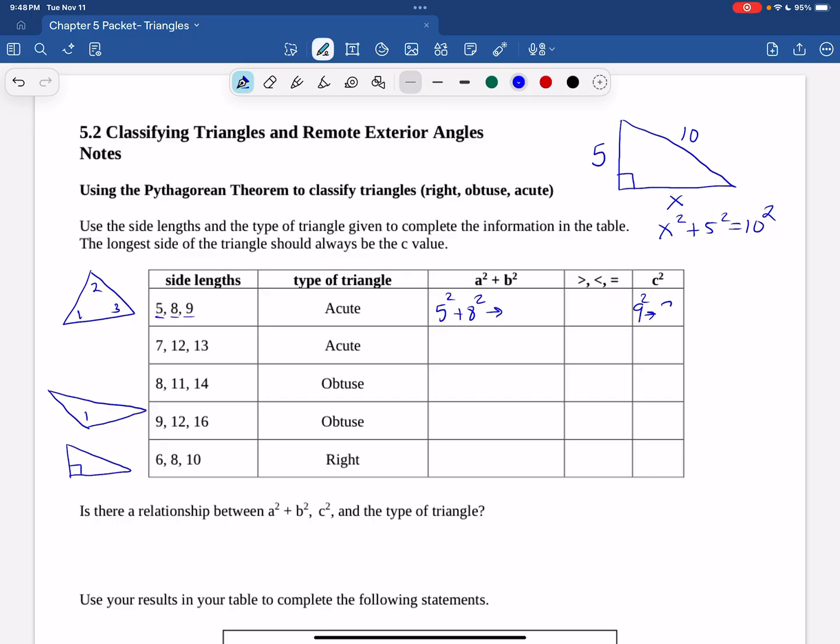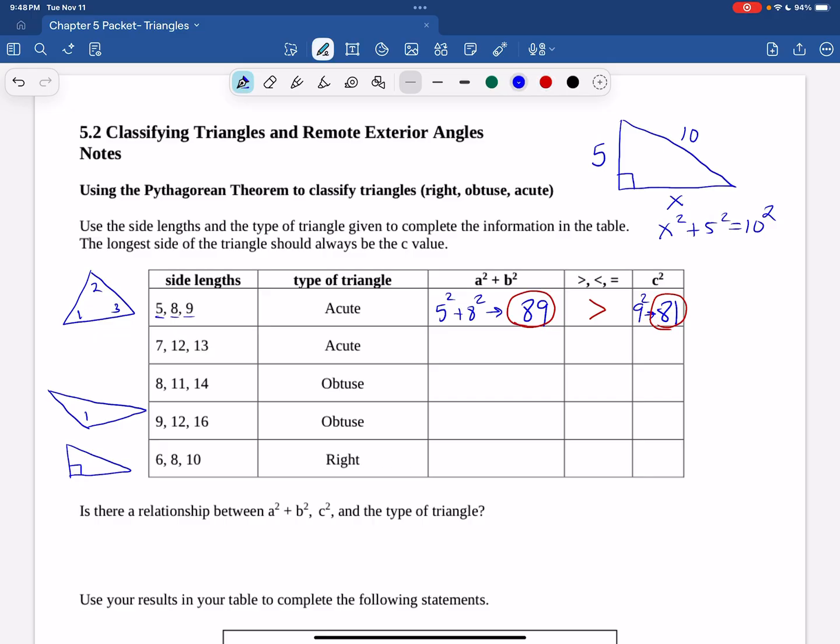Now, we know 9 squared is 81. And 5 squared plus 8 squared happens to be 89. If I compare those, 89 is greater than 81.